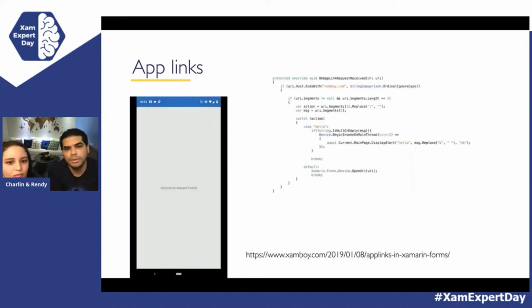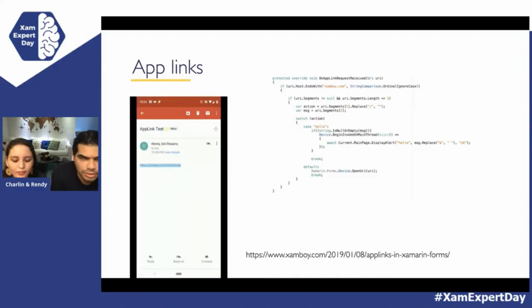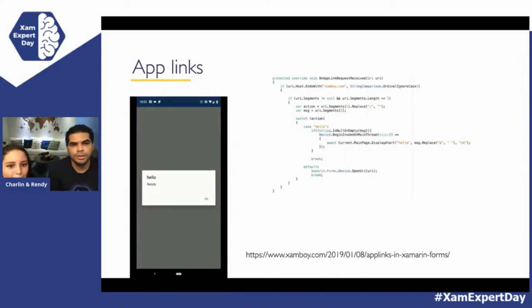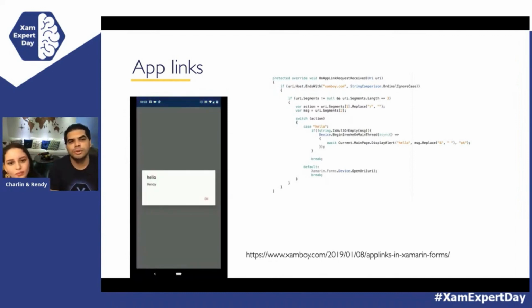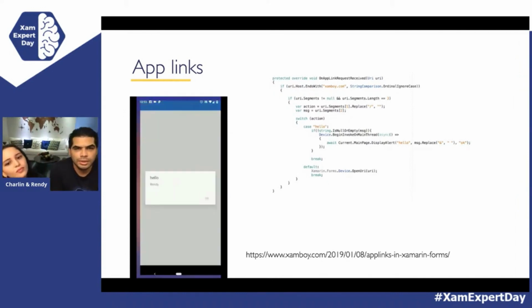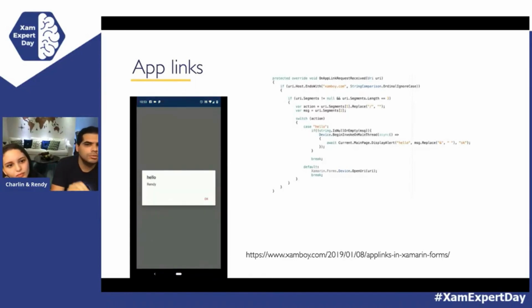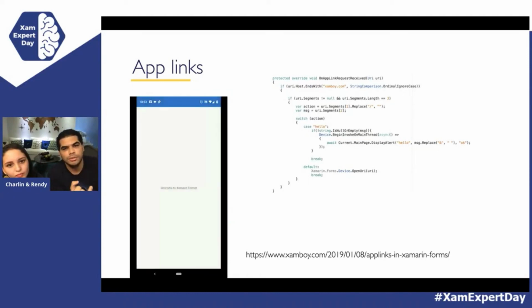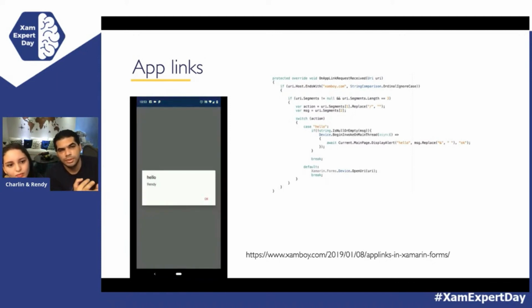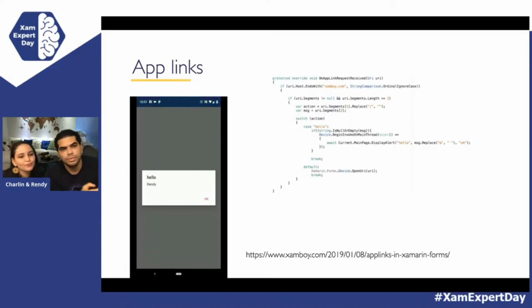App links. It's also something that you can use to improve your user experience. I think you might have experienced that on other applications: you receive an email and you tap on a link and it takes you right away to the section of the application that is being requested in the link. This is a very handy feature and it's really easy to integrate because you can use it for many scenarios like forgot password, taking the user to a news page, even to the register form.